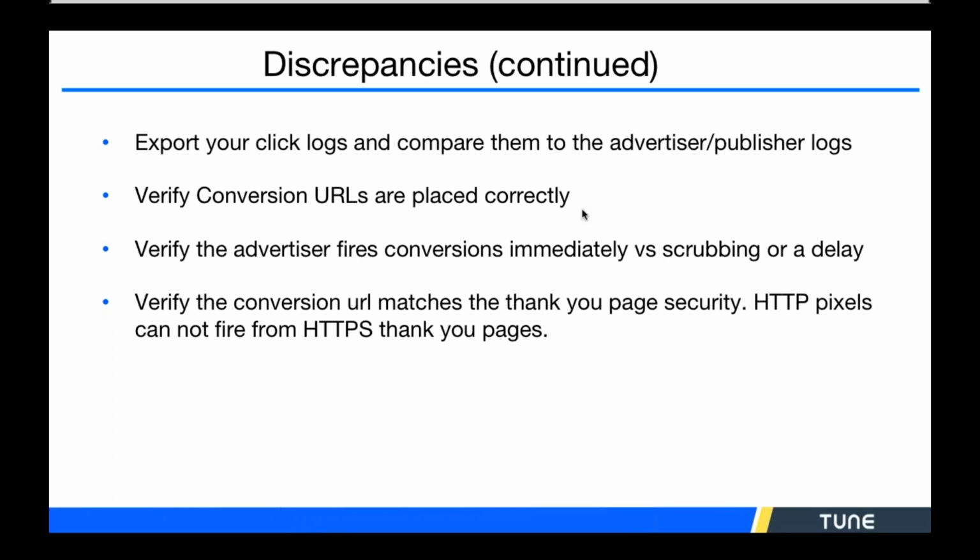It requires matching up with the cookie that's stored in the user browser that initiated the click. And by firing on delay, we lose that browser and browser information. Now with postback offers, the advertiser can fire it whenever they'd like. It's not a problem to have a delay. So if your advertiser does scrub or does use a delayed firing mechanism, I definitely suggest using postback tracking with them.